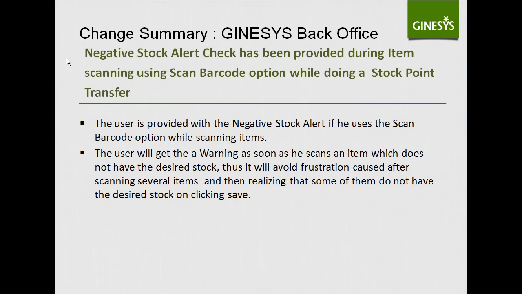If for any reason the stock goes below that available in that particular stock point, then it will give a negative stock alert and thus avoid the frustration that would be caused if the user had scanned several items and only on saving, got that alert that the desired stock was not available. But now with the introduction of this feature, that can be avoided as long as he scans the items using the scan barcode option. So let's take a look at that.